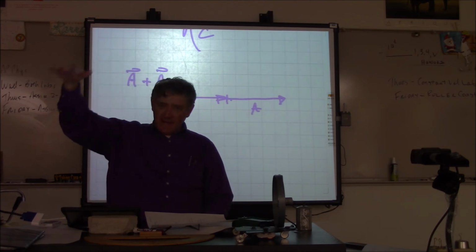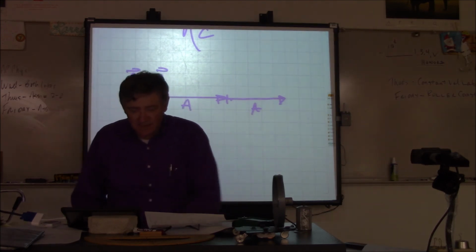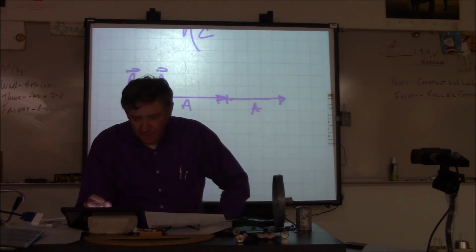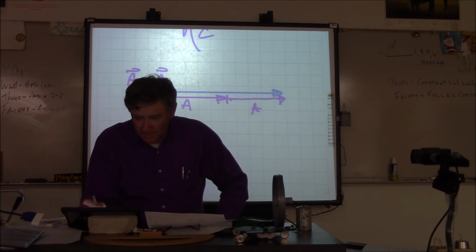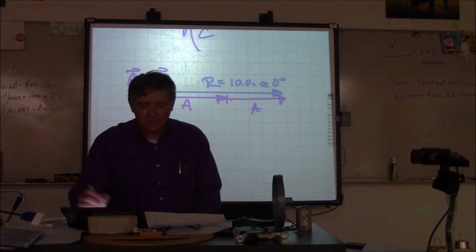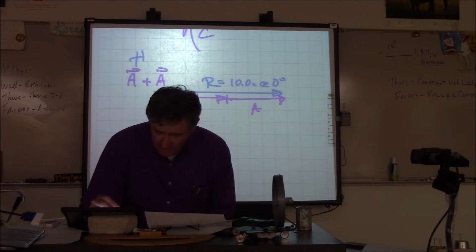It's vector A added to vector A. So then my resultant is going to be from the origin out to that end. So my resultant is going to be 10 centimeters at 0 degrees. So here's going to be number 2.